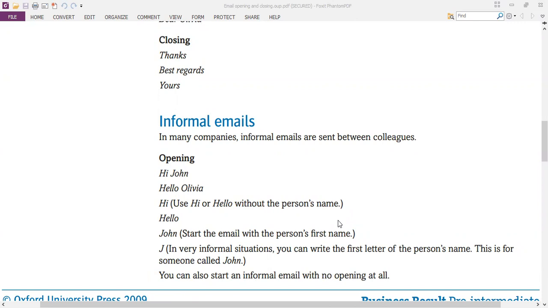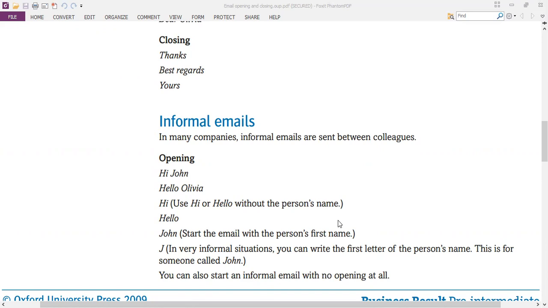Use hi or hello without the person's name. That's also okay. John, start the email with the person's first name, whereas we earlier talked about that when it is a formal email, we tend to use the last name of the person rather than the first name of the person. And just J, in a very informal situation, you can write the first letter of the person's name.